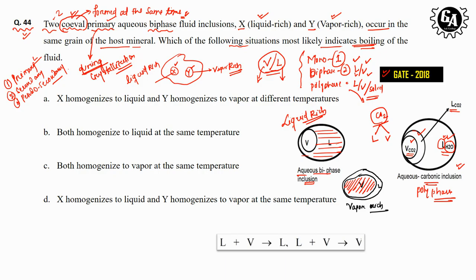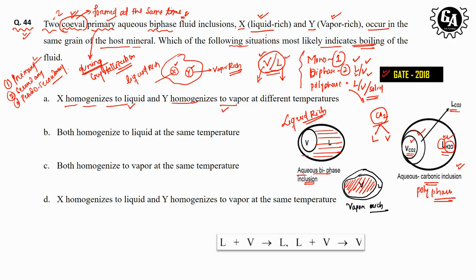This is one mineral having X and Y fluid inclusions, one vapor rich and one liquid rich, and if you boil them, what will happen? First option: X homogenizes to liquid and Y homogenizes to vapor. X is liquid rich, so it homogenizes to liquid, and Y homogenizes to vapor.